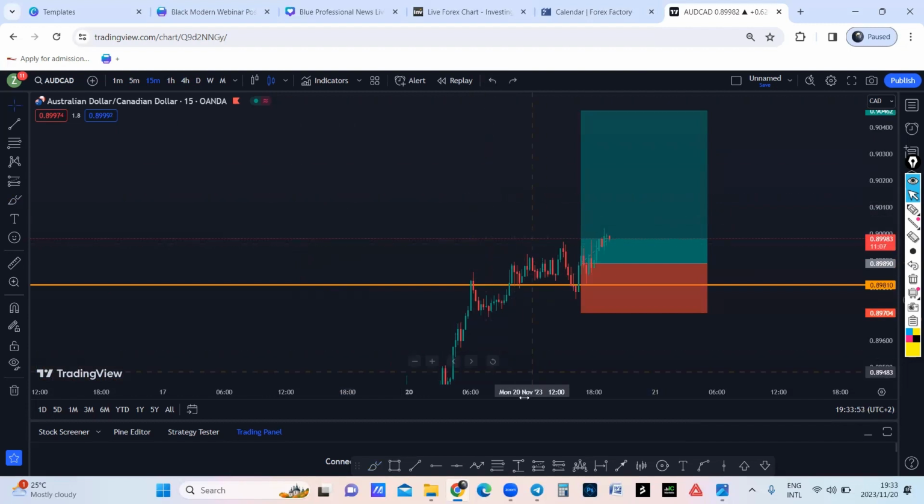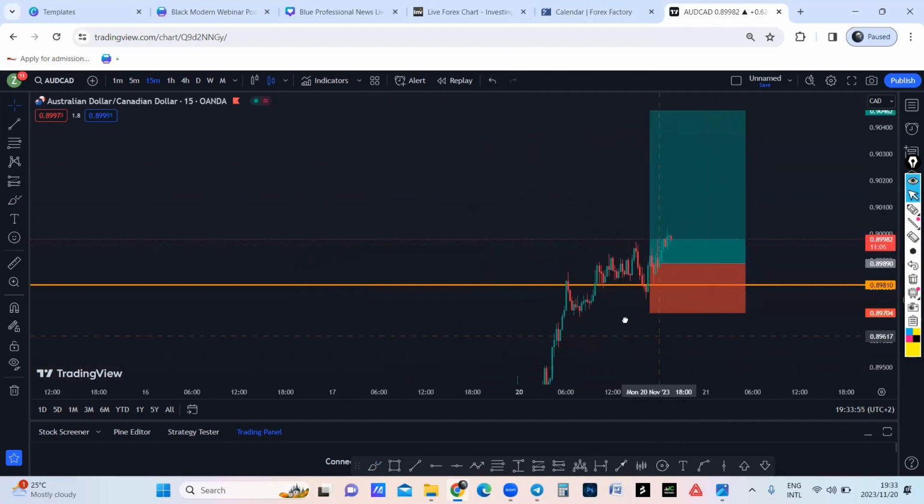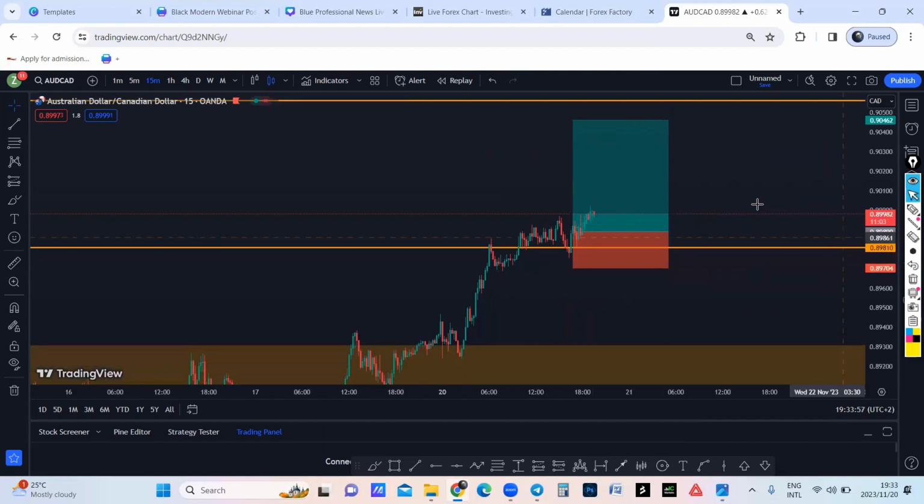So traders who are able to monitor this during the Asian session can take it. But me, I normally don't trade during the Asian session because I don't have time to remove my stop loss before the market does its thing.